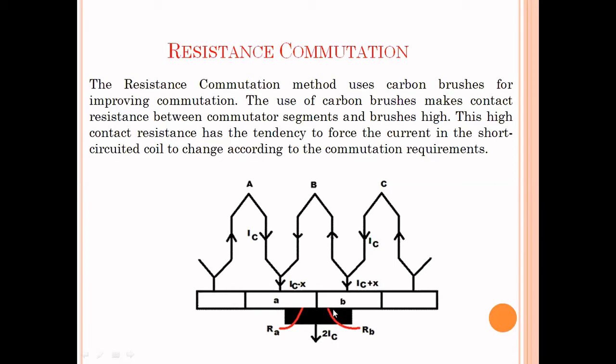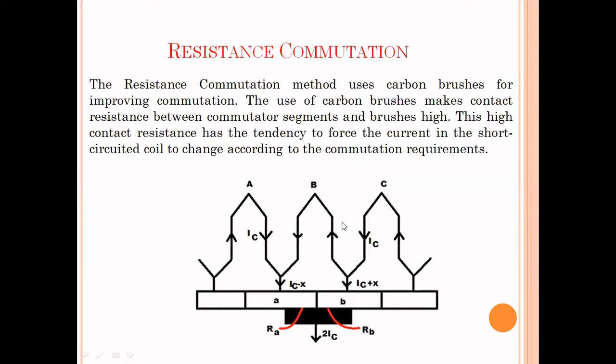Carbon brushes have a high value of contact resistance. Because of the high contact resistance of the brushes, minimum current passes through this path and the maximum current passes through the short circuited path.